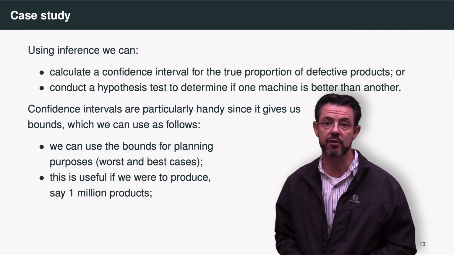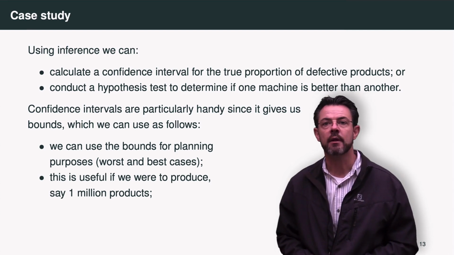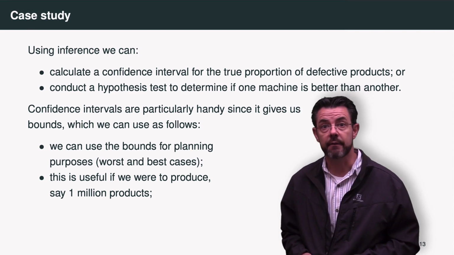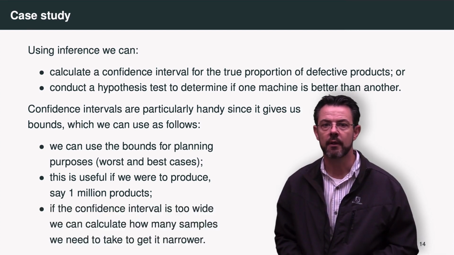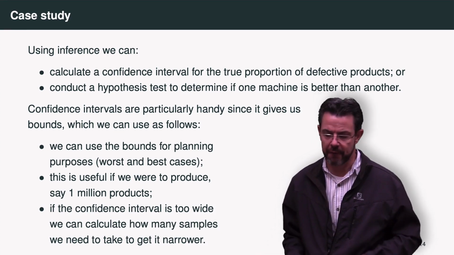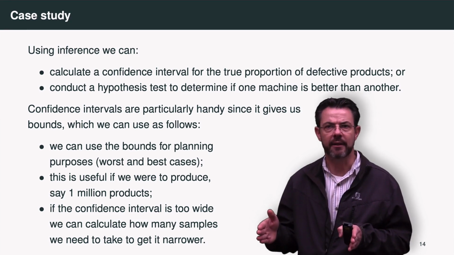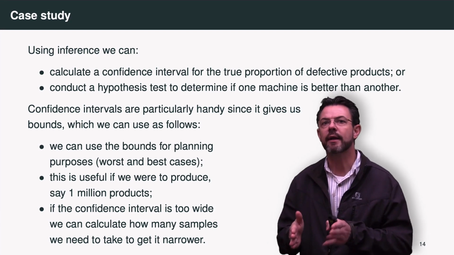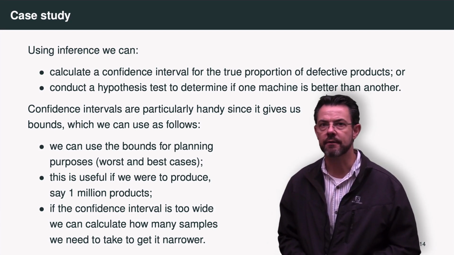This is especially useful if we want to produce, say, 1 million products. We want to be quite sure that we make the right decision on whether to replace the machine or keep it. But the confidence interval can also be challenged. If you find that these limits, A and B, are too wide, you can calculate how many samples you need to take in order to get a narrower confidence interval.